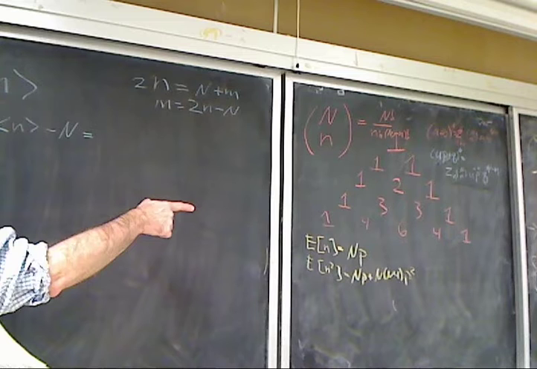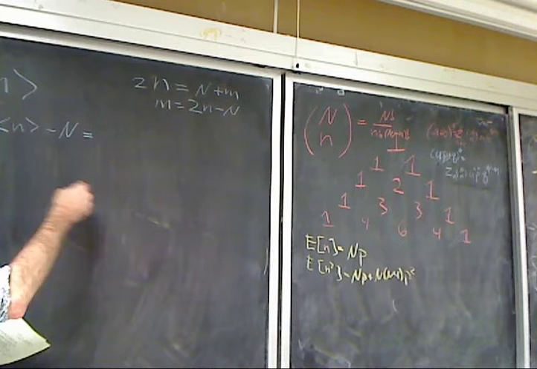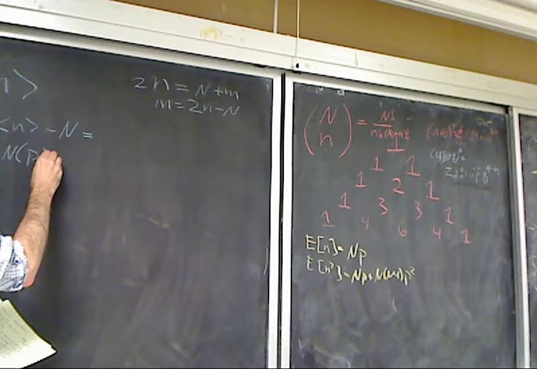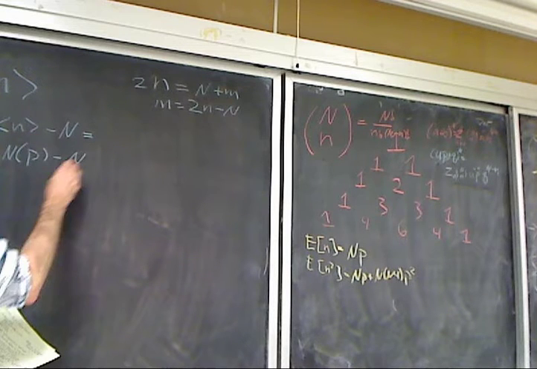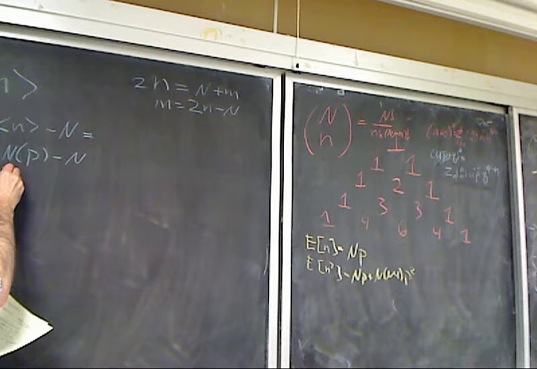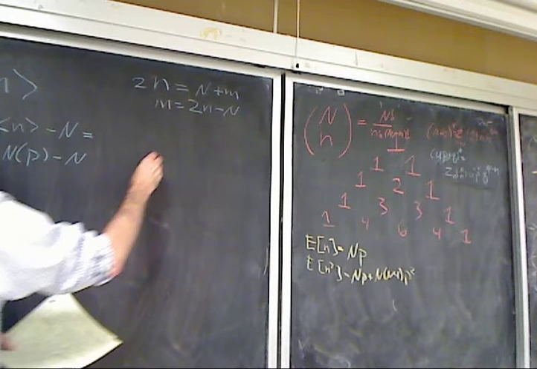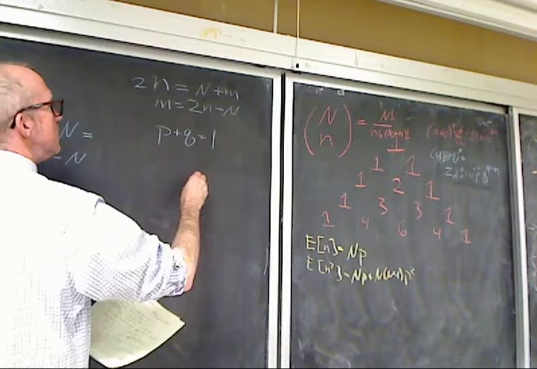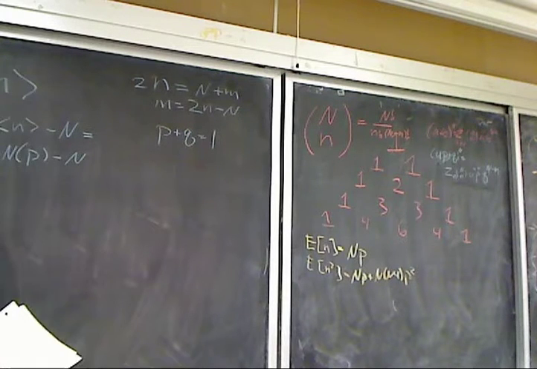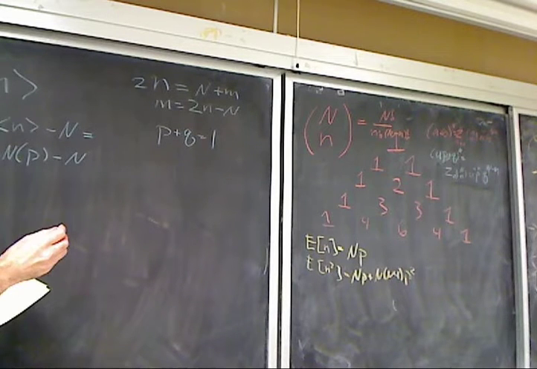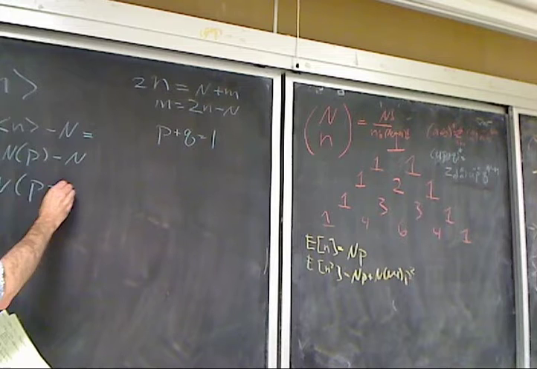The average of n is just N times p. So this is 2 times N times p minus N, or, let's see, with p plus q equals 1, it is equal to N times p minus q.